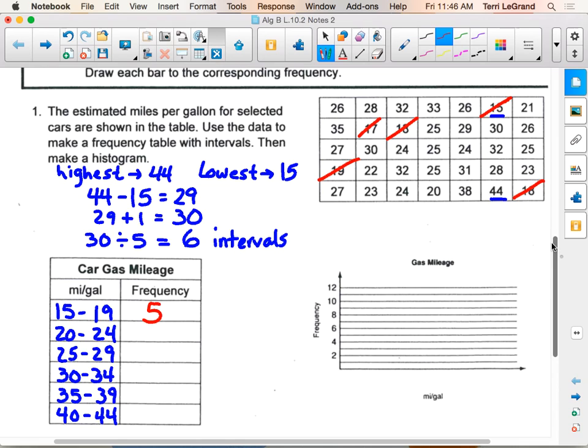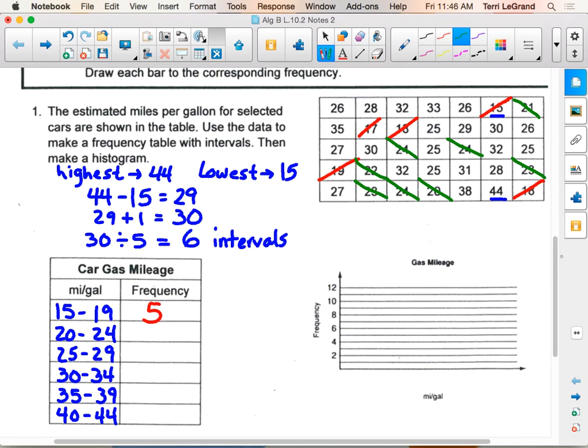Now we will do 20 through 24. Again, use a different way to mark it so you can keep track. I got 8.